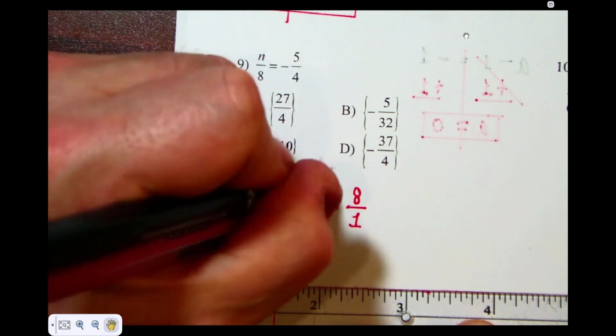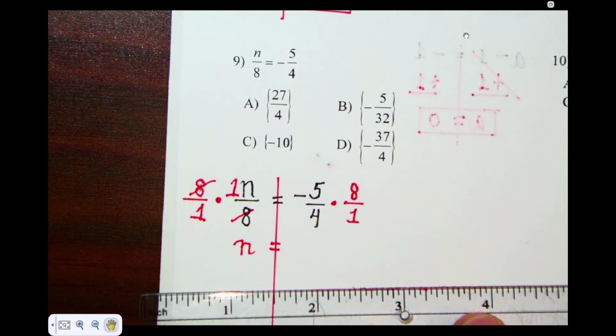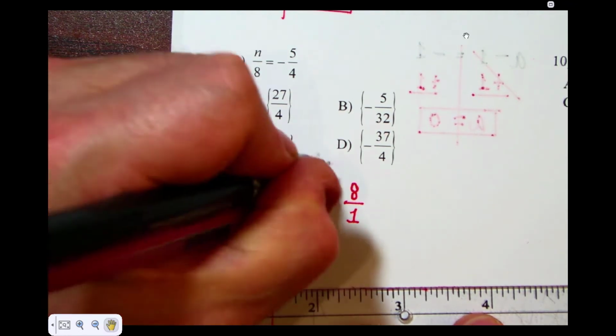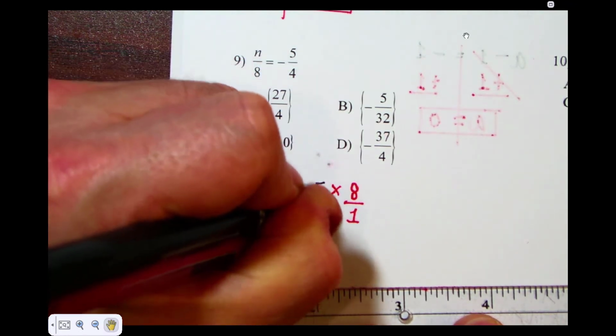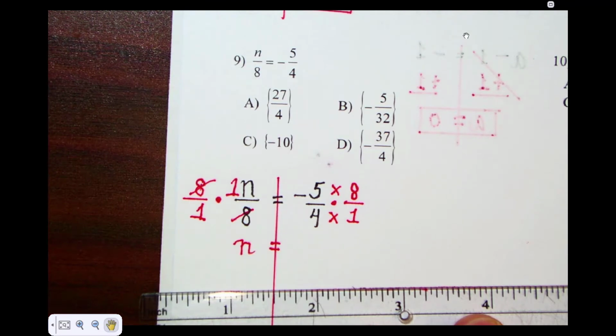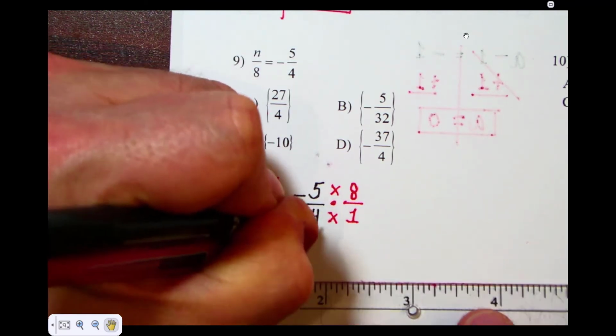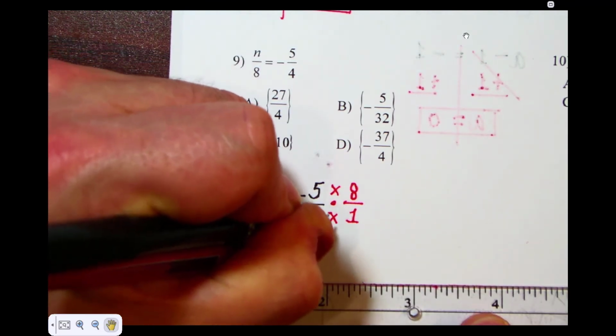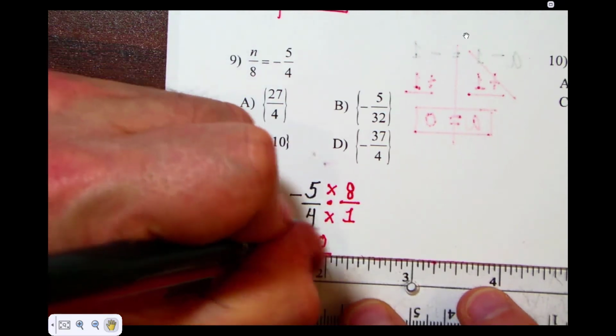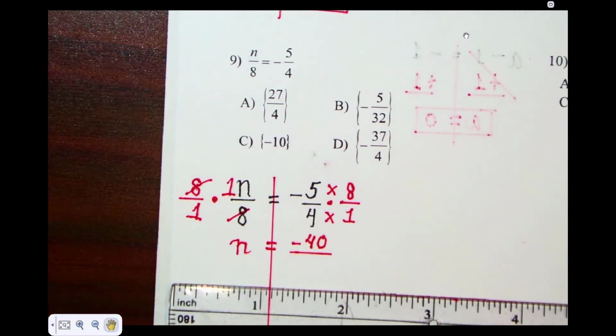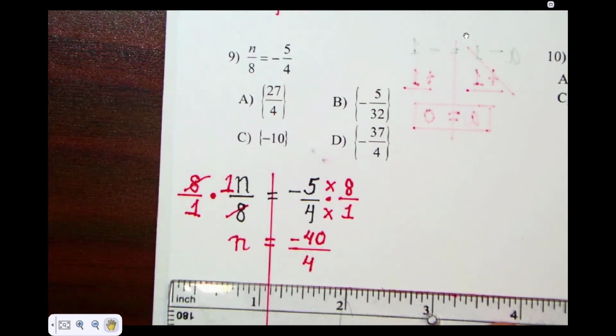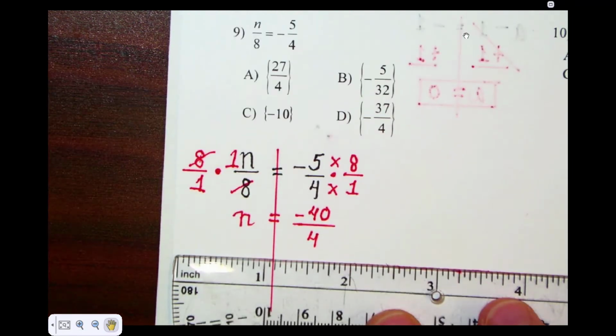And now it's time to play a little game called Can You Multiply Across the Top and across the bottom. Negative 5 times 8 is negative 40. Negative 40 over 4. Okay, so negative 40 over 4, ladies and gentlemen.